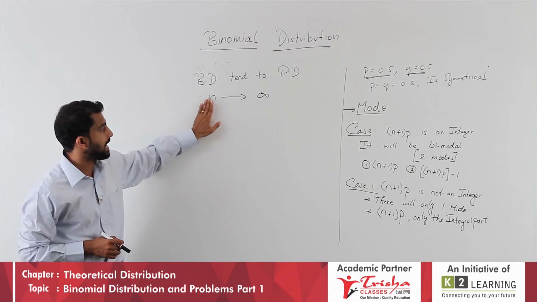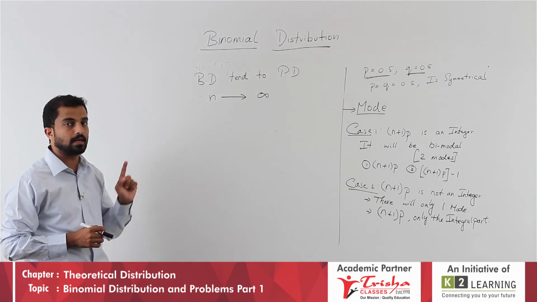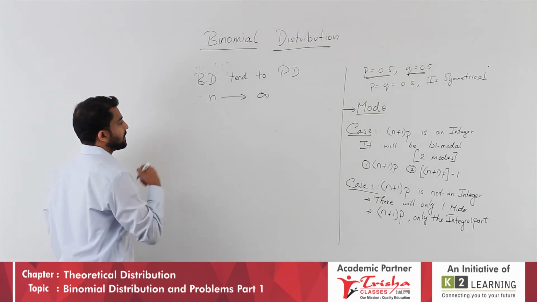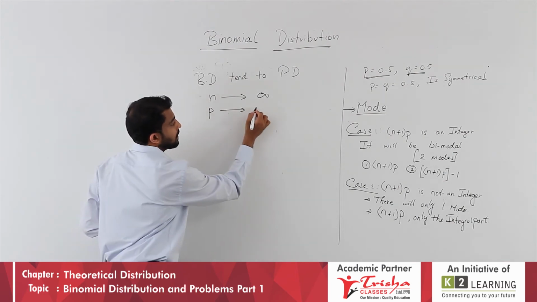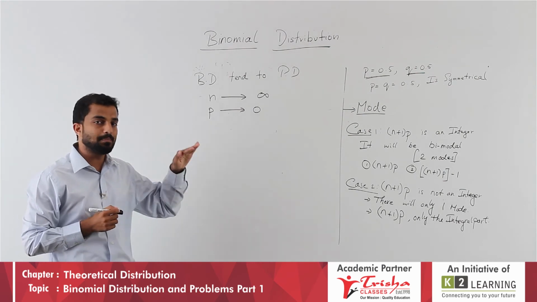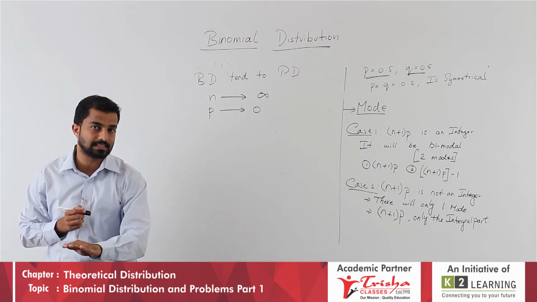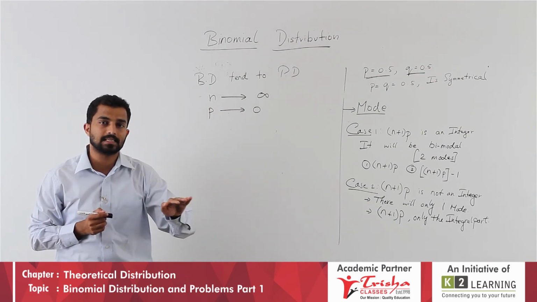So, whenever n tends to infinity, as well as one more condition should be satisfied, that is p tends to 0. That means the probability value will keep on getting less and less. That means the success ratio will keep on getting less and less.